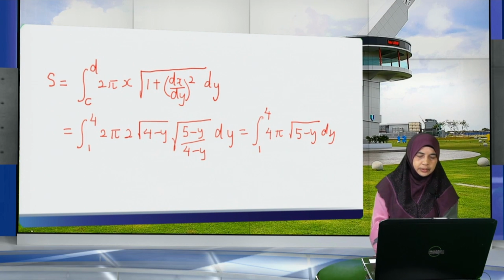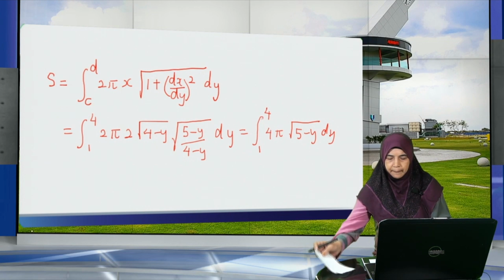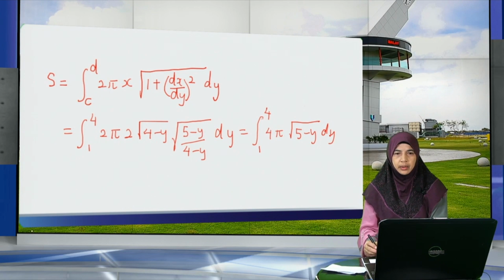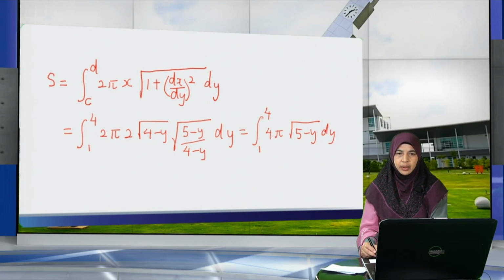Okay, let's continue with how to solve it. Remember now, we need to solve this one. 4 pi is just a constant, so we can pull it out and put it outside the integration.